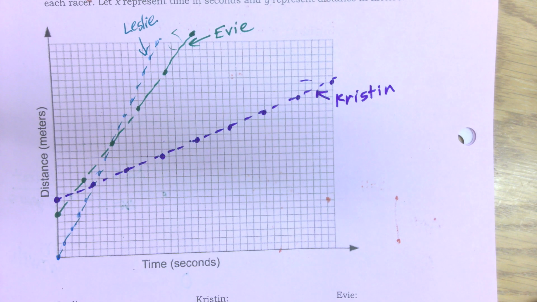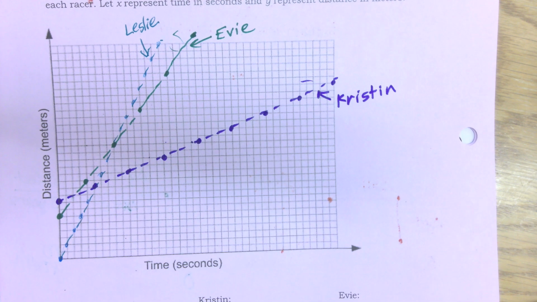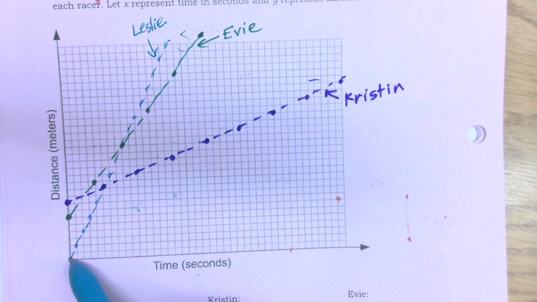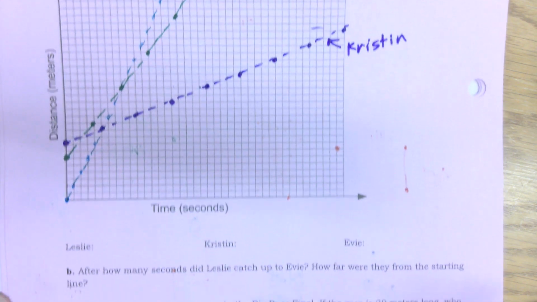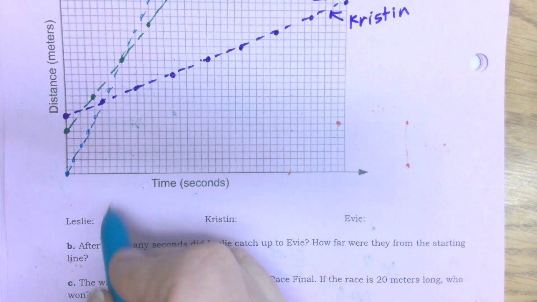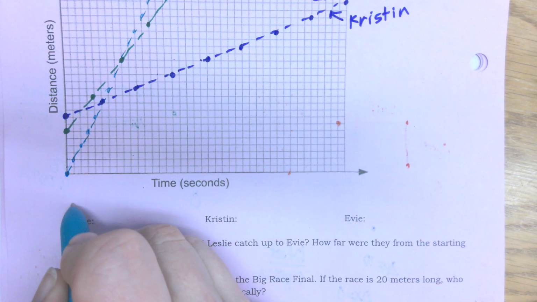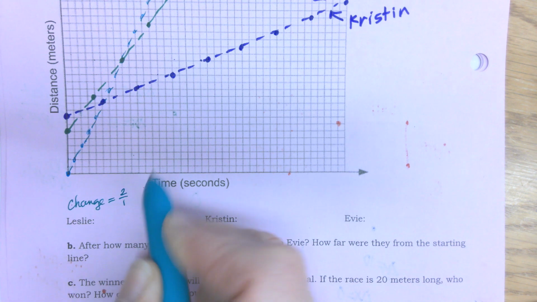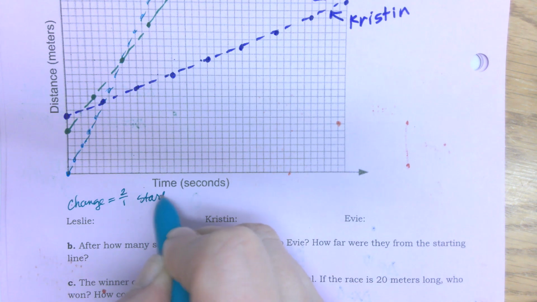Up next, they want us to write an equation for each of them. So I'll start with Leslie. Where did she start? 0. How did she change? Up 2 over 1. So Leslie's change is 2 over 1 and her start was 0.